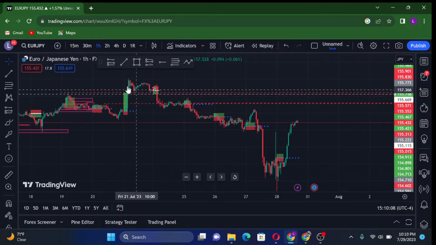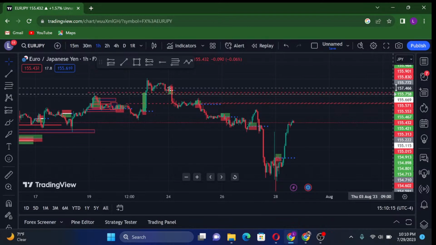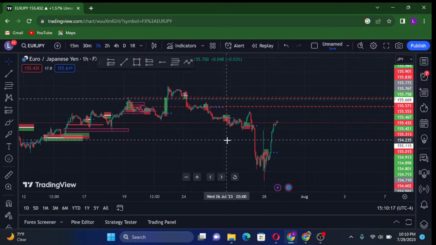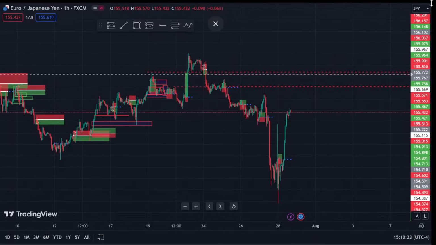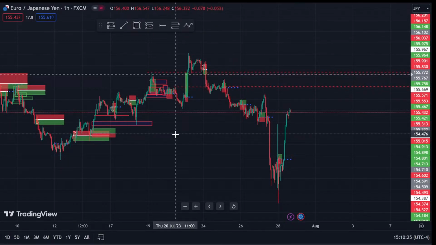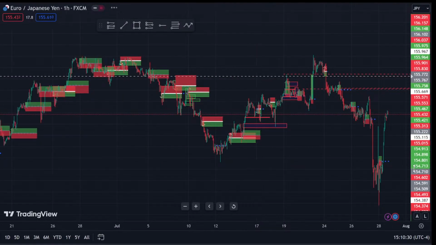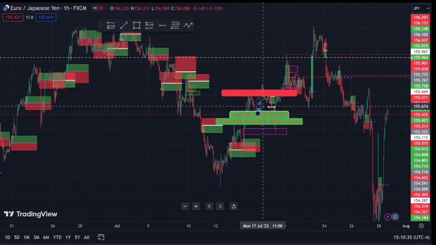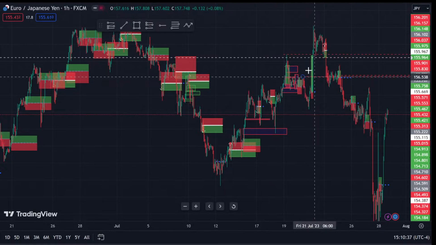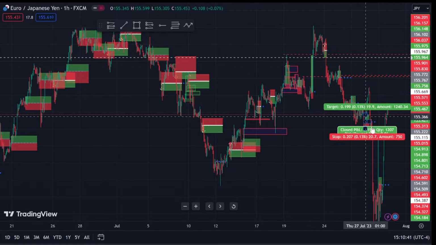The downward movement is when the market is moving down. So this is the upper movement right here. As you can see, the market is moving upwards. Then right here the market is moving downwards.